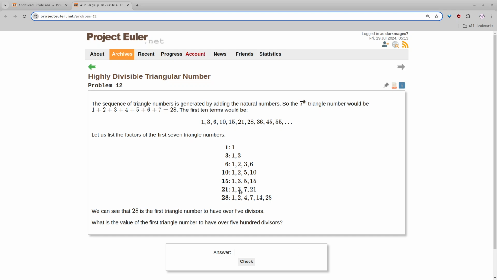And similarly, 7 is shared by 28 and 21.